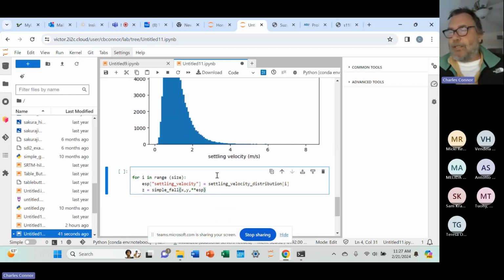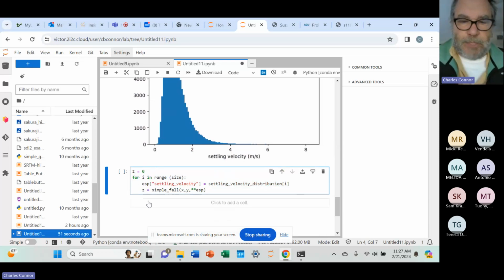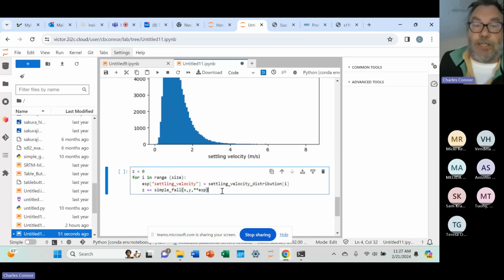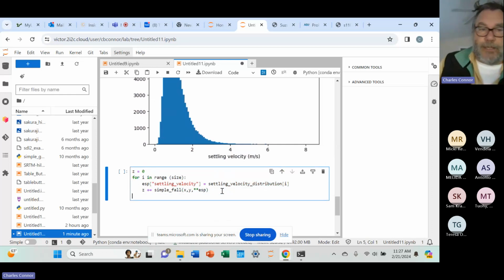Okay, and so that's good, but I actually have to increment this. I have to sum this over all the particles, right? So I'm going to say Z equals 0 up here, and then I'm going to say Z plus equals those values. So I'm actually doing a summation now across the different particle sizes because I want to get the total mass that's accumulated.